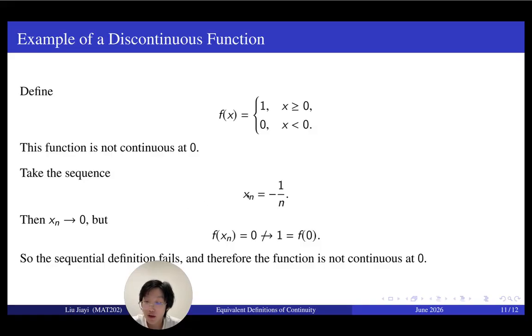Then x sub n converges to 0, but every term is negative. So f of x sub n equals 0 for all n. On the other hand, f of 0 equals 1, so f of x sub n does not converge to f of 0. Therefore, the function is not continuous at 0. This is our example of a discontinuous function.